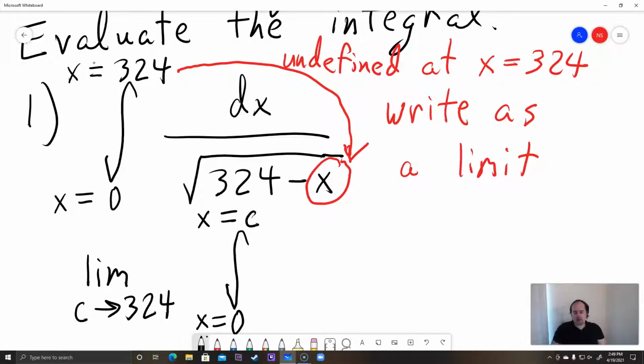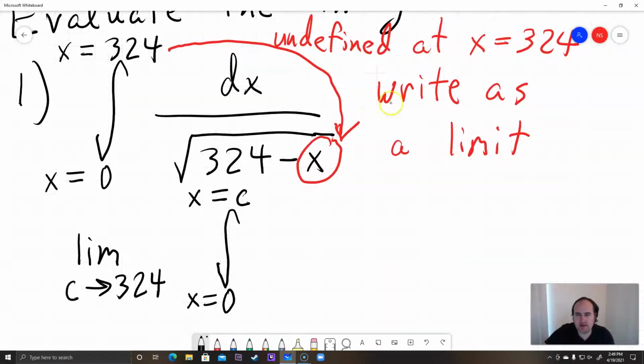It's a little bit strange the way they write it. The reason they write it as a limit is because technically, if your original function is undefined, you do have to write it as a limit. So let me write that a little more clearly.